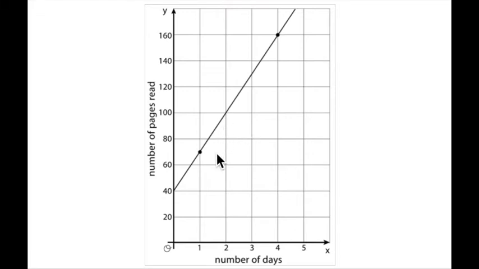So the equation, remember, if you start out with this slope triangle right here, so you start out at 0, 40 and draw the slope triangle to go from here up to here. So I'm going out 1 unit. Notice, to write the y value, I have to subtract this 40.